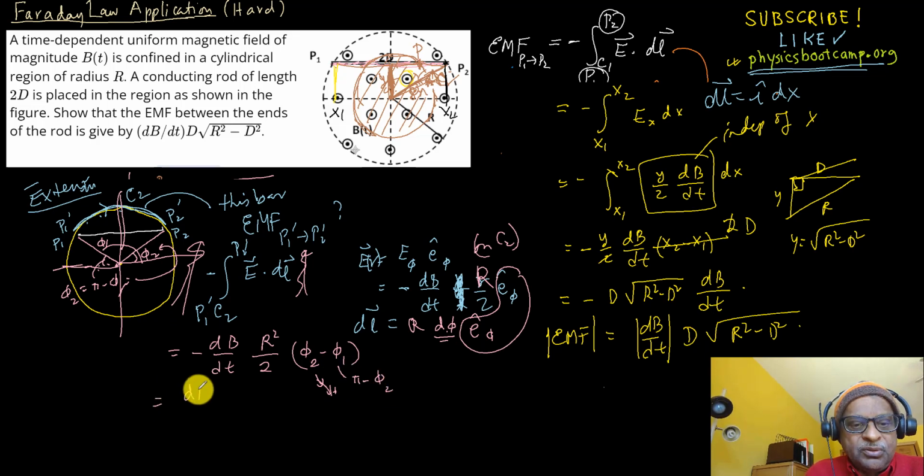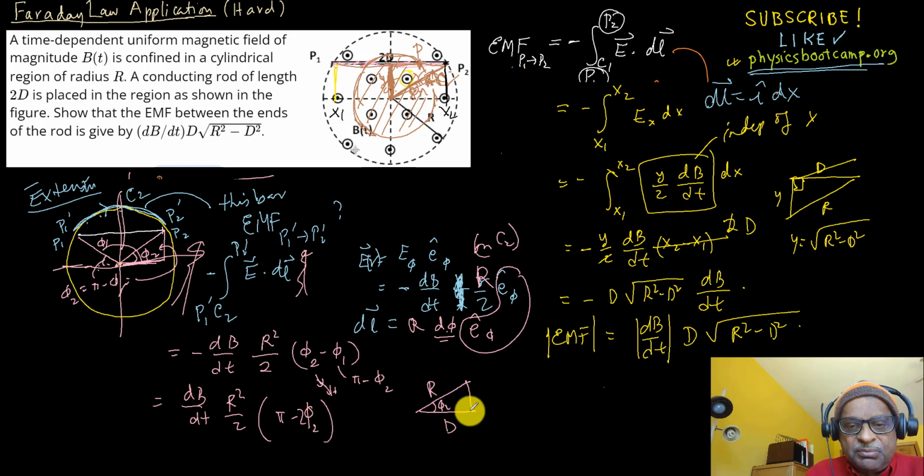So this is equal to dB dt, r squared over 2, times pi minus 2 phi 2. And phi 2 is simply, if this part is d and this part is r, and this is phi 2, then cosine phi 2 is d over r.